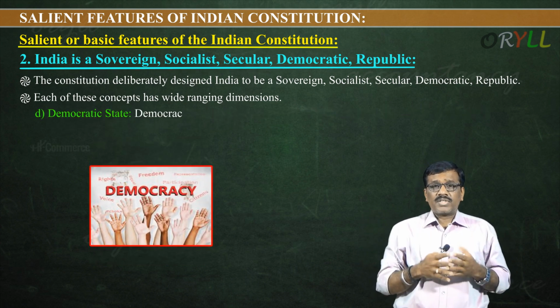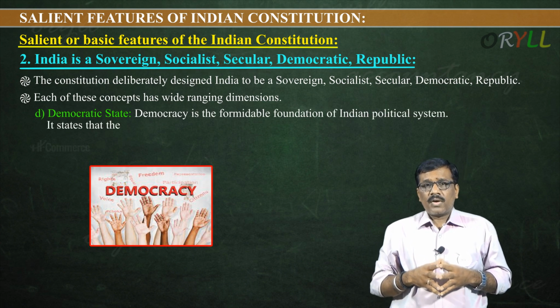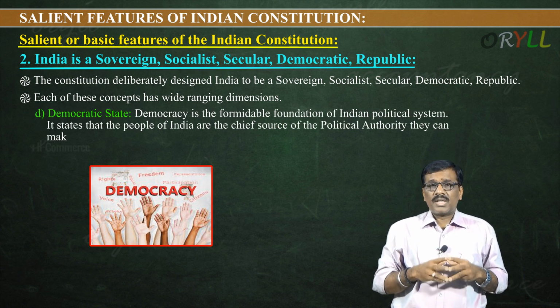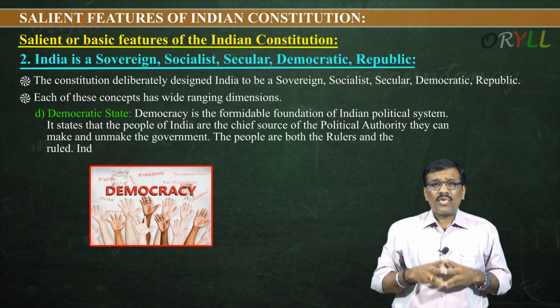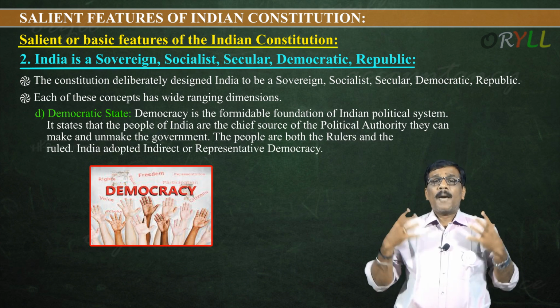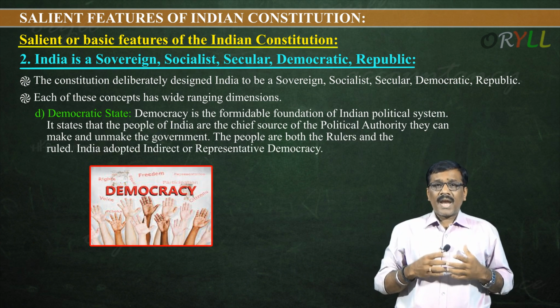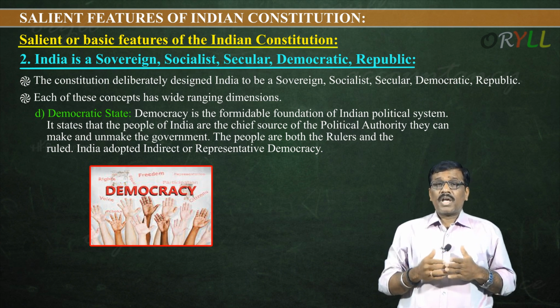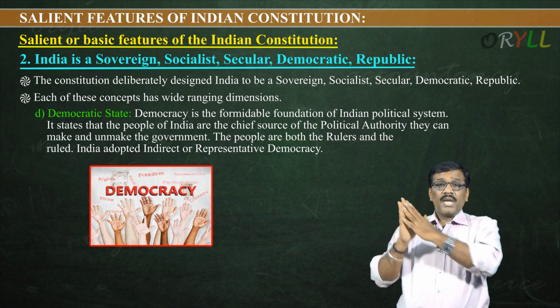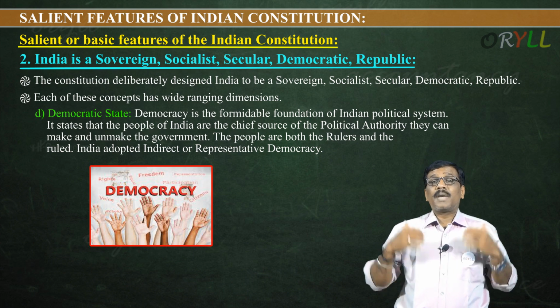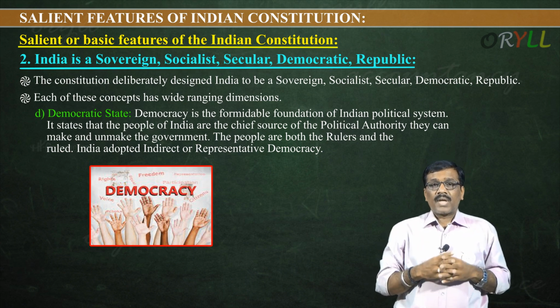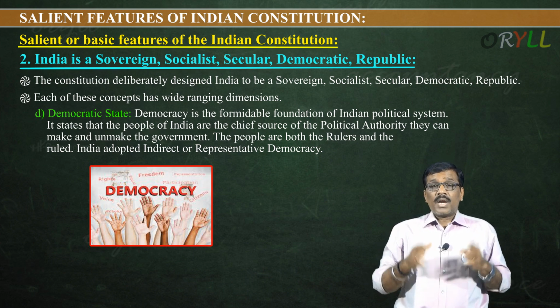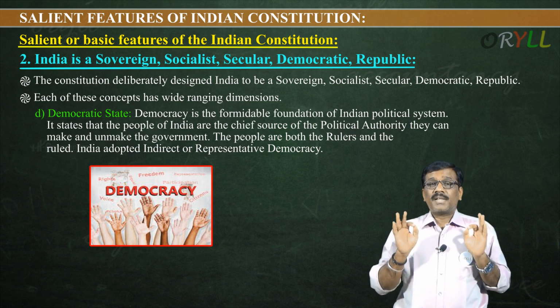And democratic state. Democracy is the formidable foundation of the Indian political system. It states that the people of India are the chief source of political authority. They can make and unmake the government. The people are both the rulers and the ruled. India adopted indirect or representative democracy. As I discussed earlier, democracy means rule by the people.